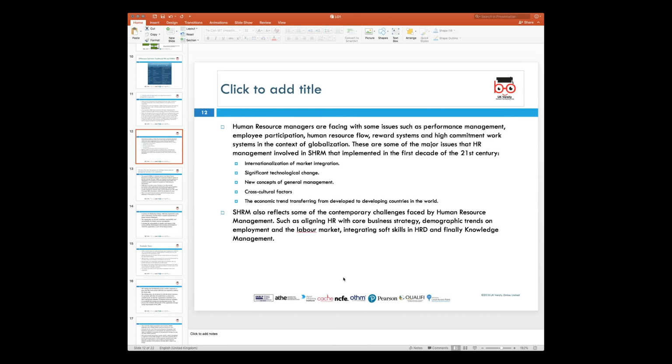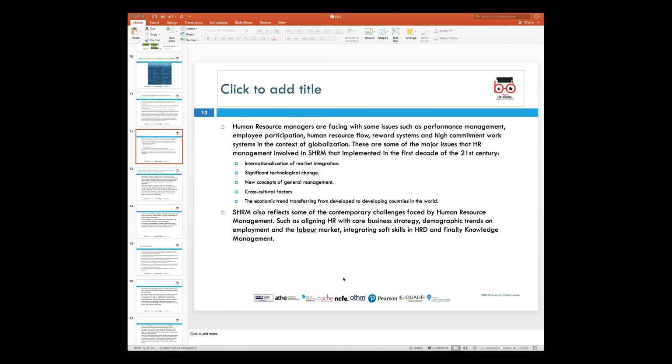So some of these factors which actually help in clearly differentiating the role of HR and take it into the remit of SHRM are globalization and increasing technological change.